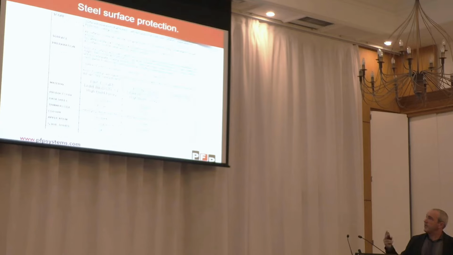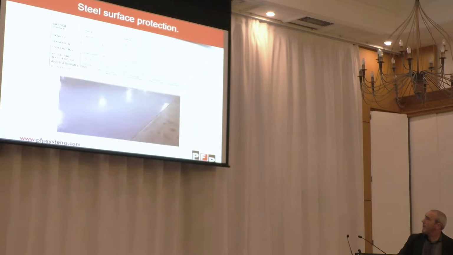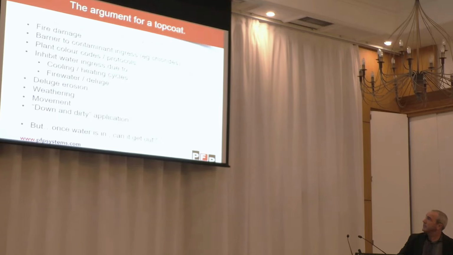So it was two layers of high build epoxy, around about 650 microns all up, giving a nice sort of barrier. The arguments for the top coat, obviously, are to identify if there's been fire damage, to perform as a barrier against any contaminant ingress, and to identify plant codes and colours, etc. It also prevents water ingress due to cooling and heating cycles, firewater and deluge.